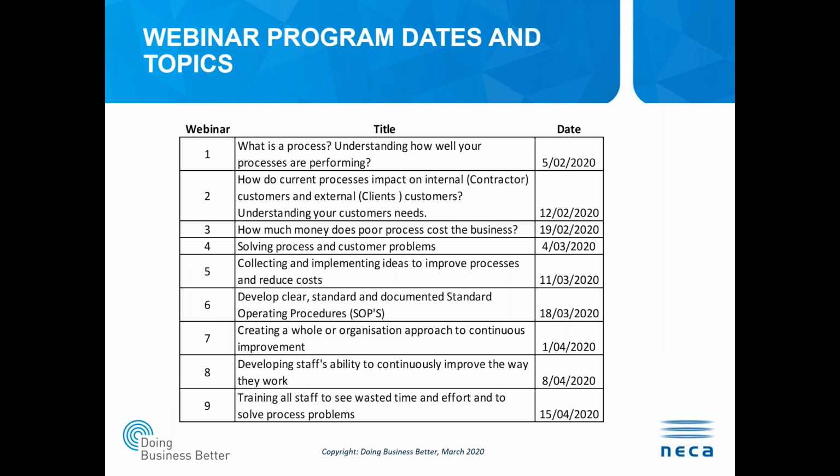These sessions we're up to now, session number 6, and what we'll be doing today, we'll be looking at how we develop clear, standardised and documented standard operating procedures. And today's really a build-up of a lot of the type of things that we've been discussing prior to this, and really working on how we map the process, how we see problems and come up with a better process.